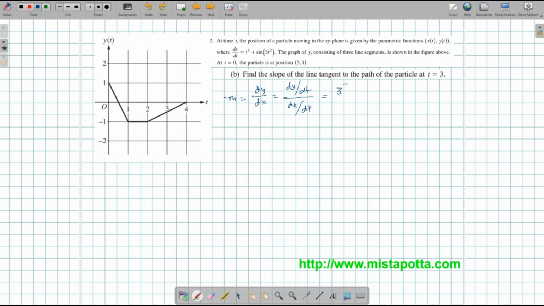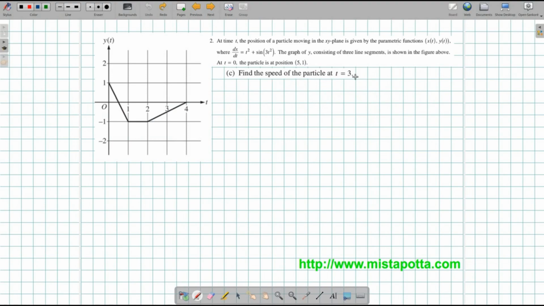So this is going to be 3 squared plus the sine of 3 times 3 squared, over, and dy/dt is actually going to be the slope of this line, which rises 1 unit and runs 2 units, so over 1/2. And this is a beautiful way to leave your answer, but because it is a calculator section, you could say that it's 0.050. That would also work.